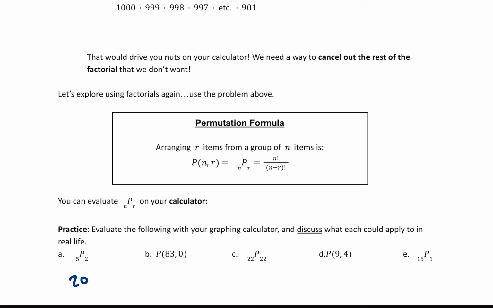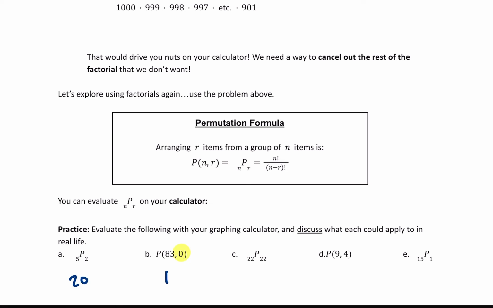Okay. Now if we do the same thing and we put 8 nPr 0, we're going to get 1 as our answer. That's because of the special case we talked about earlier. We're choosing 0 things. And if we're choosing 0, it's really 0 factorial, which is 1. Okay. Now looking at 22P22. If we put that in our calculator, we're going to get a large number.